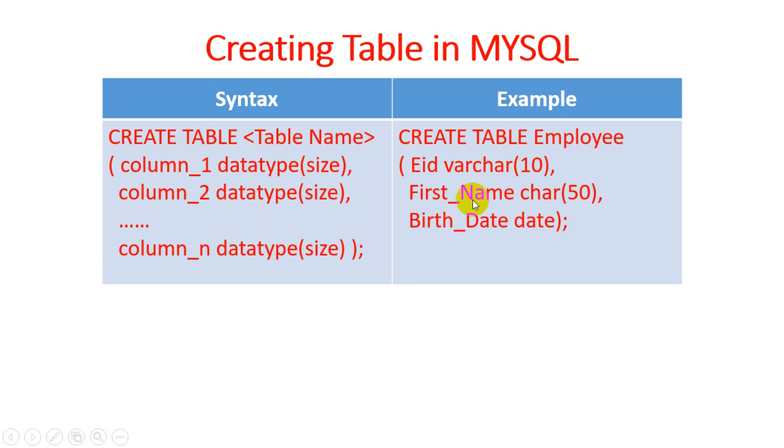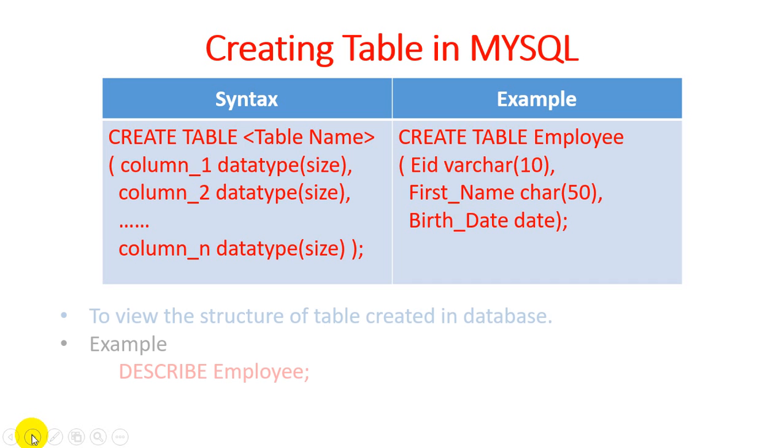First name is a column name, the data type is char, and in this column we store a 15-character string value. Next, birth date. For the date data type we do not provide any size. So I hope you are clear how to create a table in MySQL.